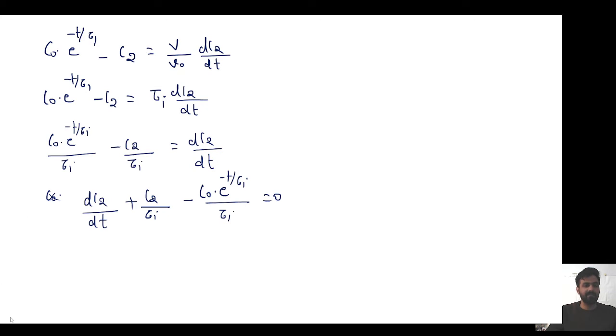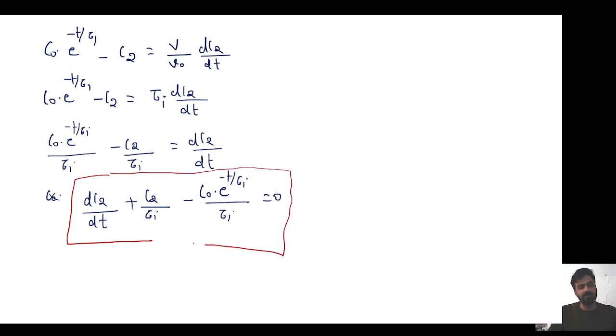So can you see here, this is a differential equation, a linear differential equation of constant coefficient: dC2 upon dt plus C2 by tau I. So you will have to solve this differential equation, and you all are very dexterous in calculating this.